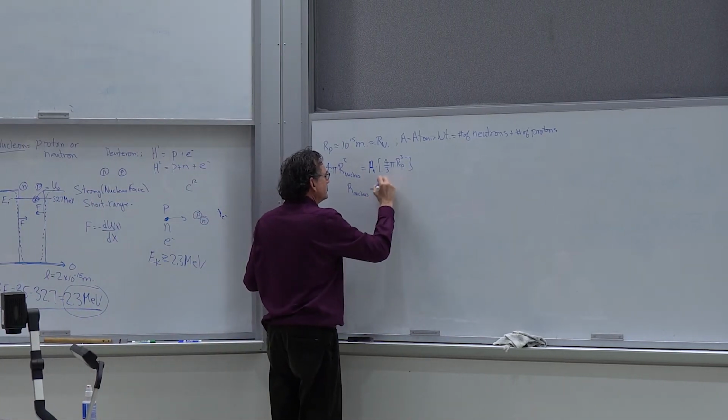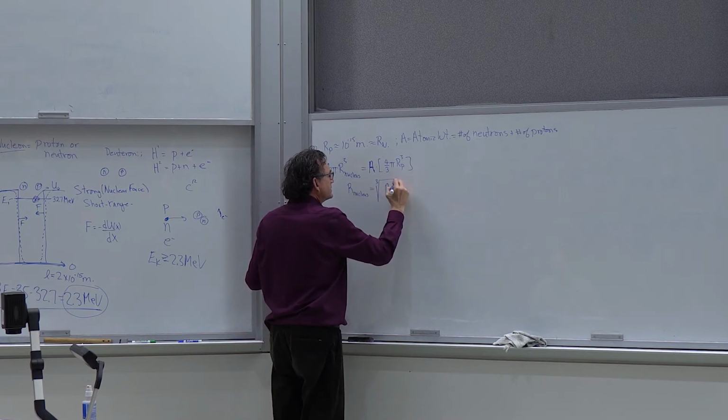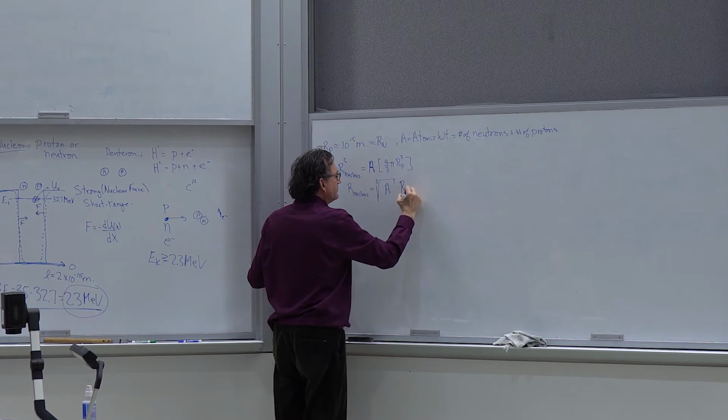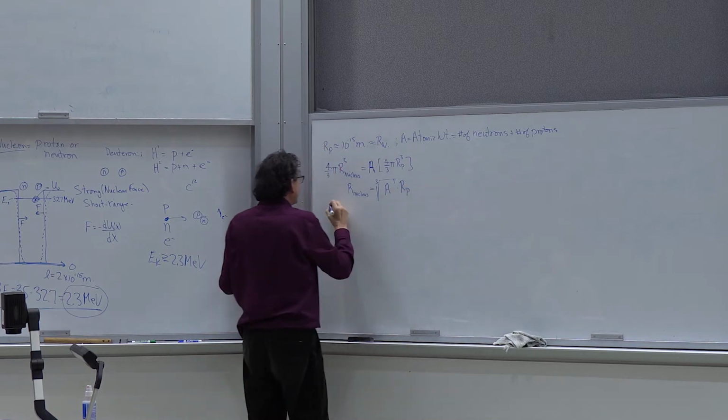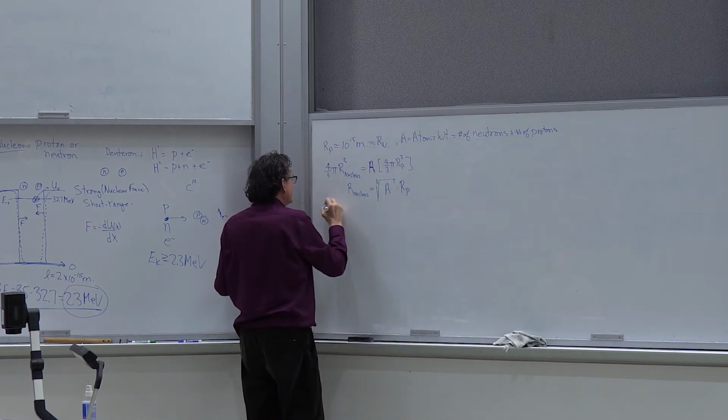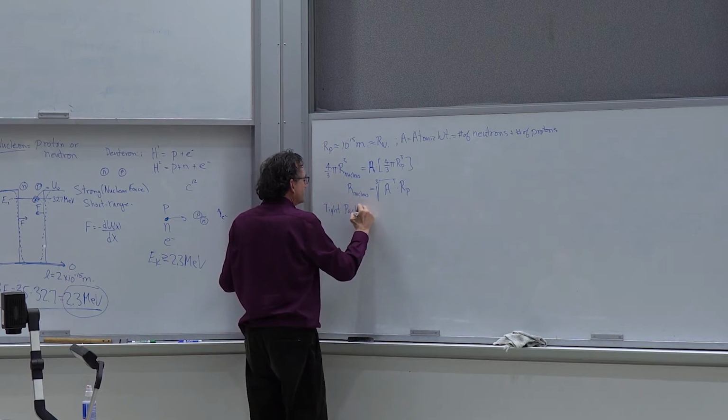of A times the radius of the proton. So this is called the tight packed model of a nucleus.